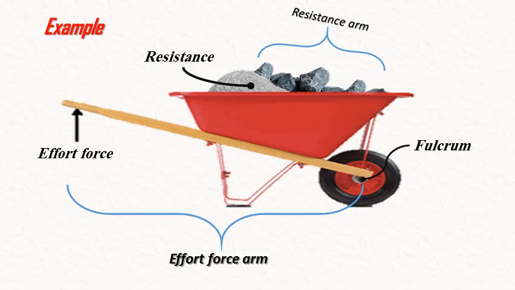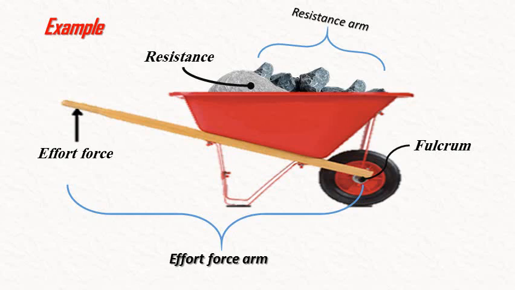Okay, this wheelbarrow. The effort force is the place where we hold it. The effort force arm is the distance between the effort force and the fulcrum, which is the point in the center of the wheel. Resistance is the load. Here the load is a very large piece of stone.